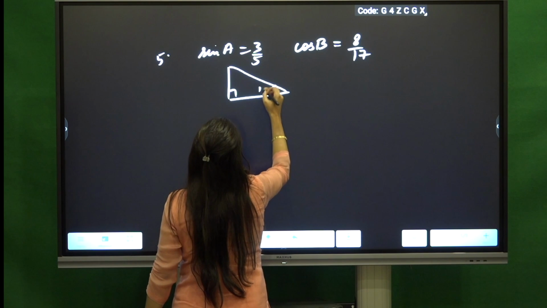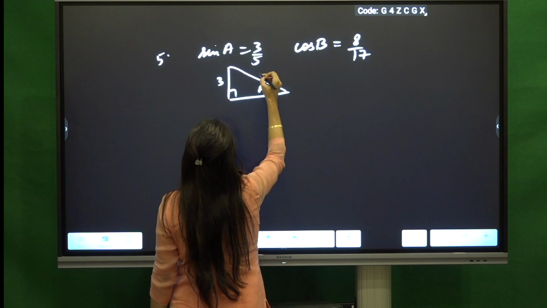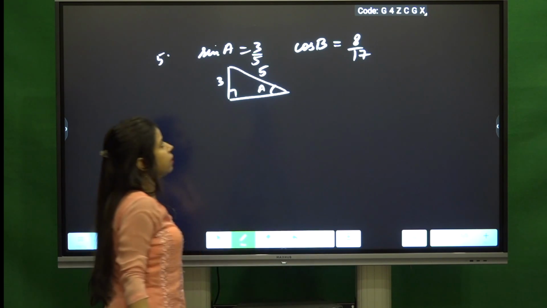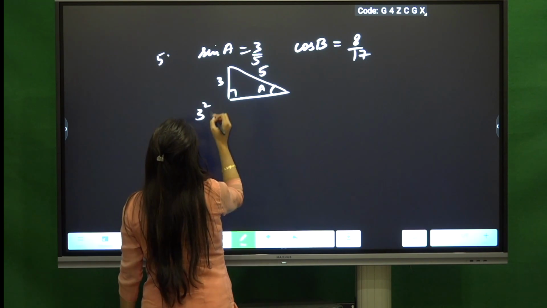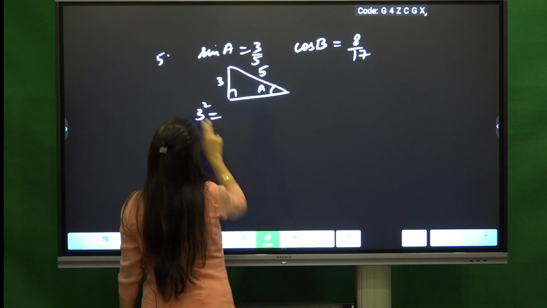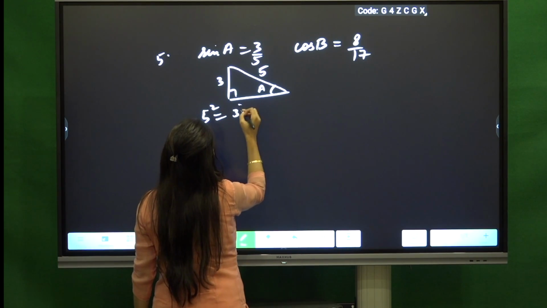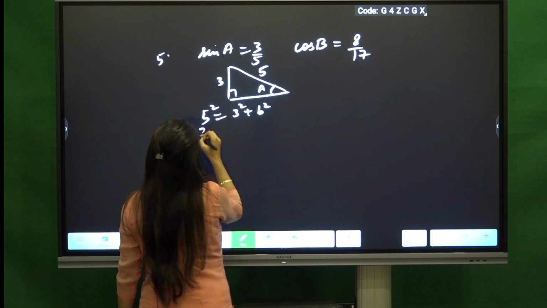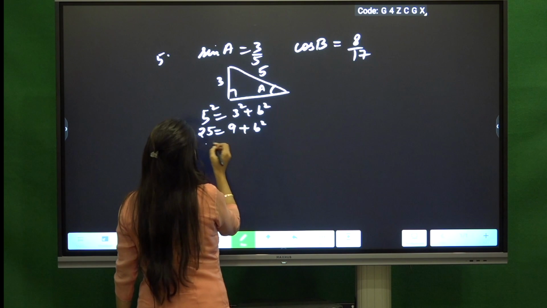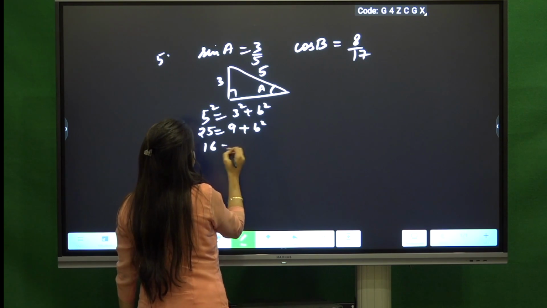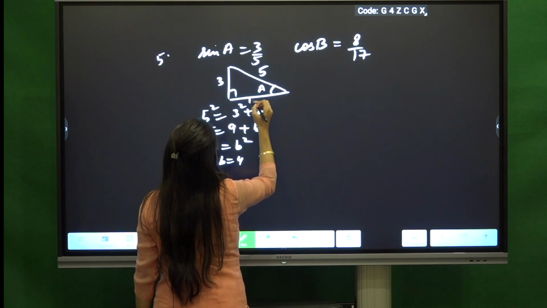If A is the angle, this is perpendicular upon hypotenuse, which is 5, and the base will be, according to the Pythagoras theorem, 5 square is equal to 3 square plus b square, which is 25 equal to 9 plus b square. 25 minus 9 is 16, equal to b square, and this will be 4. So, this is 4.